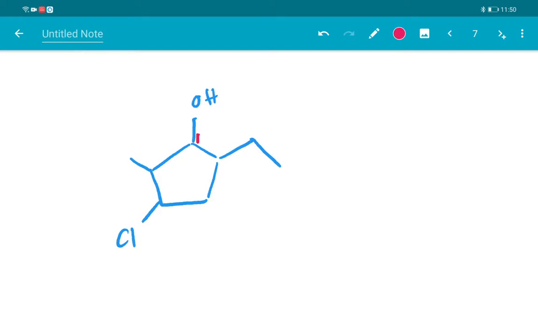So, kalau kita buat clockwise, the position of the substituent will be located at carbon number 2, 4, and also 5. Kalau kita buat anti-clockwise, dia akan berada pada 2, 3 dan juga 5.